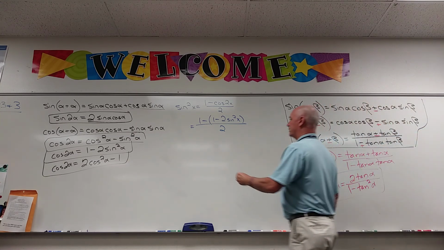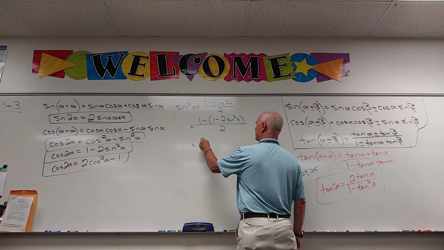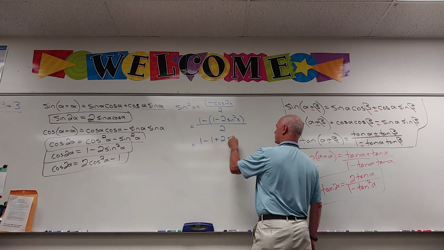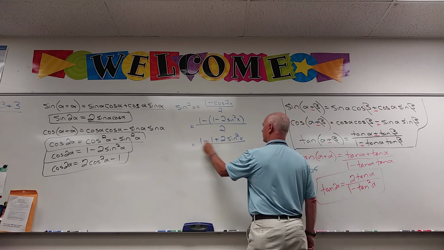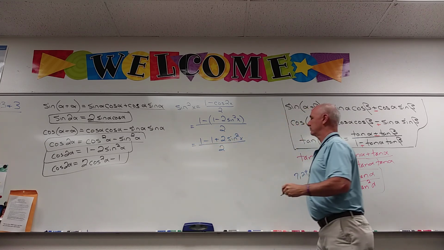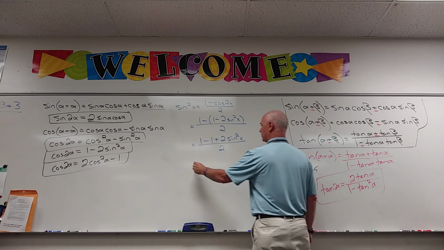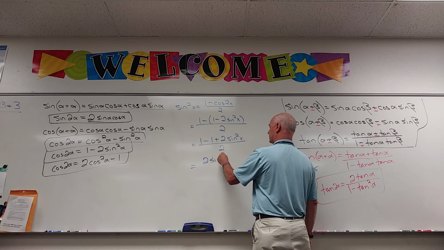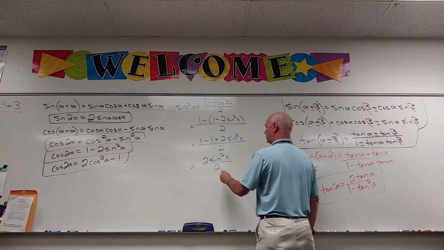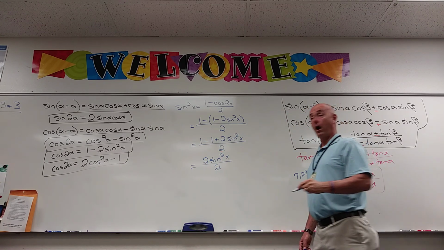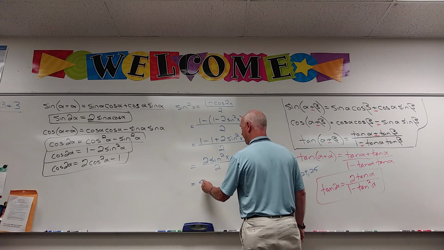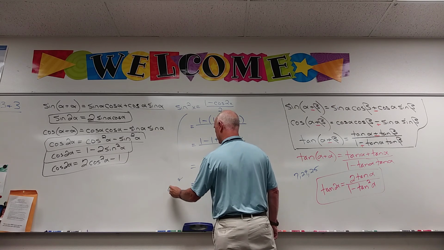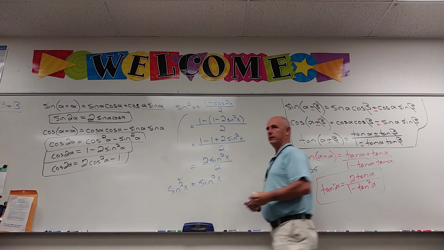Distribute the negative, I am hearing. 1 minus 1 plus 2 sine squared of x over 2. 1 minus 1 is 0. 2 sine squared of x over 2 equals sine squared of x. And there it is.